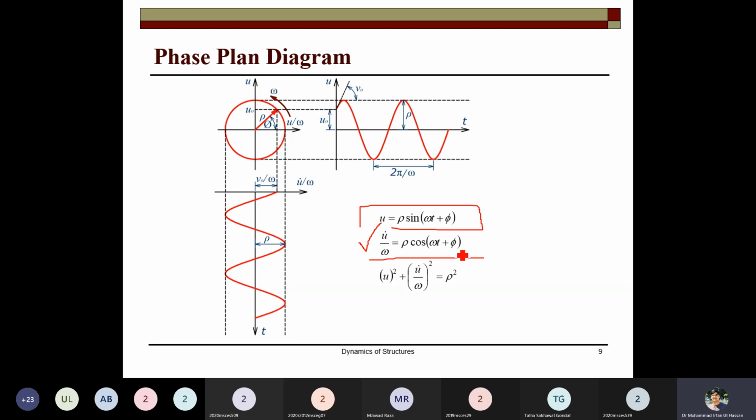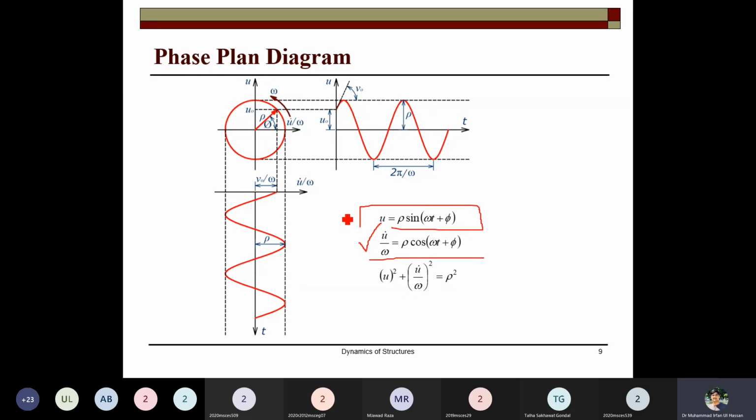It gives us rho cos of omega t plus phi. And if you plot these two values, this is basically u dot over omega, and this is u. You get a circle, because there is no damping. So the graph between u and u dot over omega is a circle, and phi is this one here, the phase angle. Rho is the maximum radius of this circle, the amplitude, the rho value.